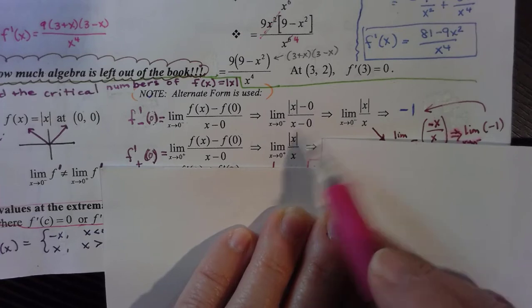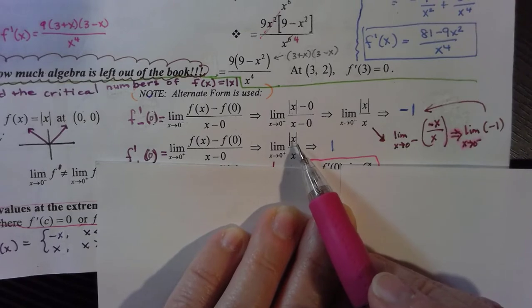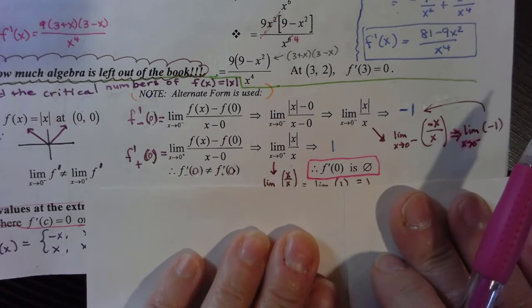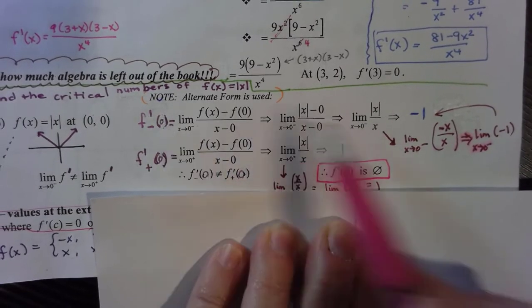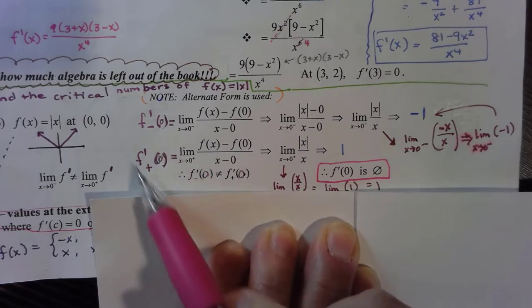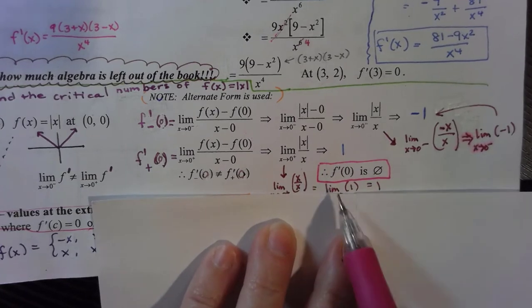Absolute value of something not negative is itself. This over x is 1. Notice the derivative from the left is not equal to the derivative from the right. So our derivative at 0 is undefined.